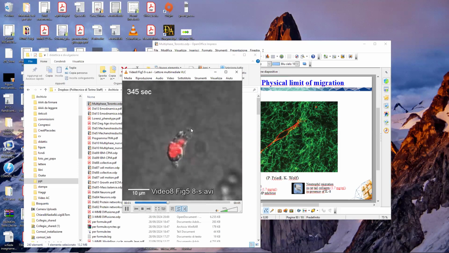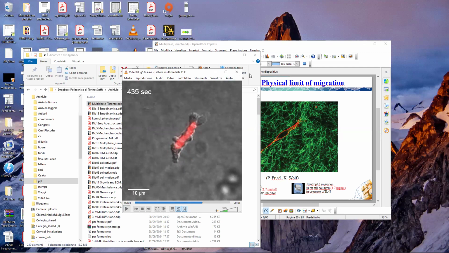The red part is the nucleus, and this can crawl more or less easily into the same gel. Why? Well, because if you look closely at the first movie, the nucleus was always more or less spherical. It had a lot of difficulties in deforming. This one is deforming a lot. Now it's a cylinder, more or less. It's a cigar shape. So it is very deformable.